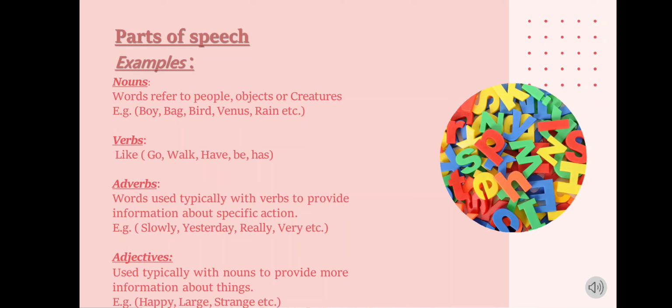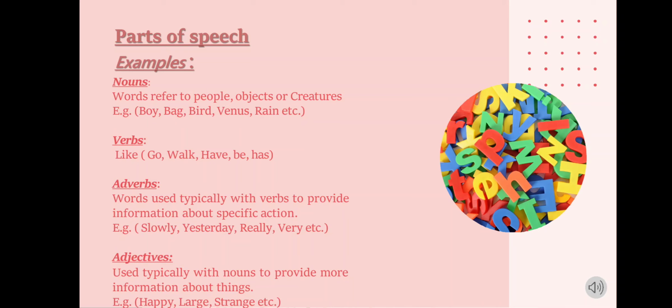These words help us to refer to people, objects, or creatures. For example, boy, bag, bird, Venus, rain. Verbs express actions or states of being. They are like go, woke, have, be, has.